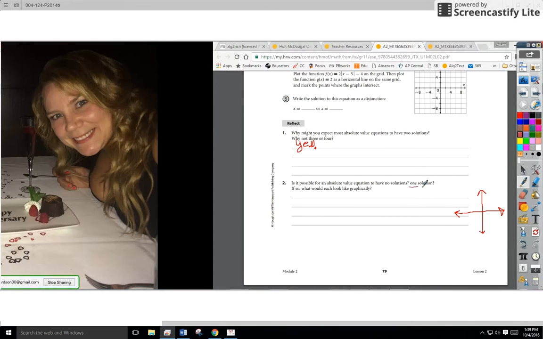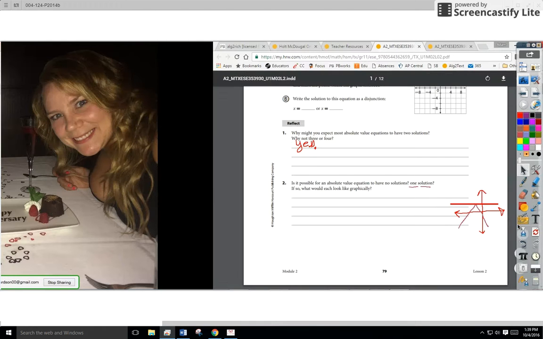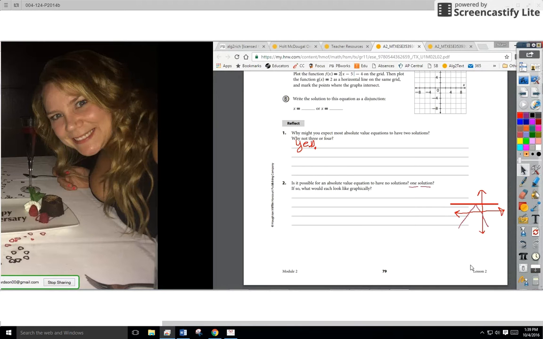So I'm trying to develop an absolute value equation that would only have one solution. So this would be one example of such a type of absolute value equation. That would have only one solution because the horizontal line would only touch the V once.